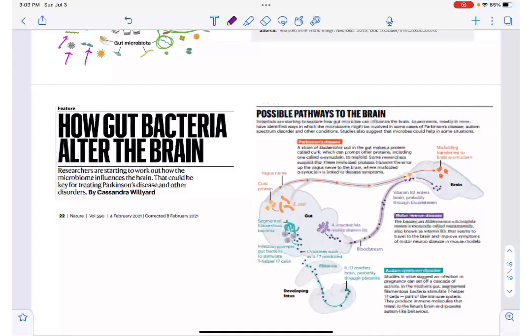And again, this is an emerging area of research, but there's a lot of potential implications between a healthy gut microbiome and a healthy brain. And abnormalities in the gut microbiome may be linked to pathology related to the brain. And they're starting to make some connections between the gut microbiome and neurological conditions such as Parkinson's disease or autism.